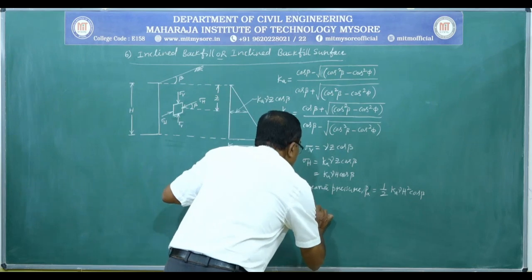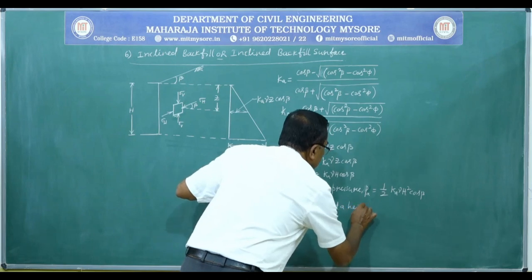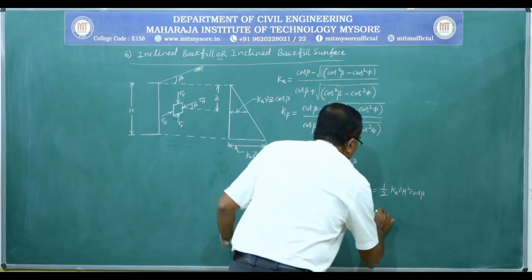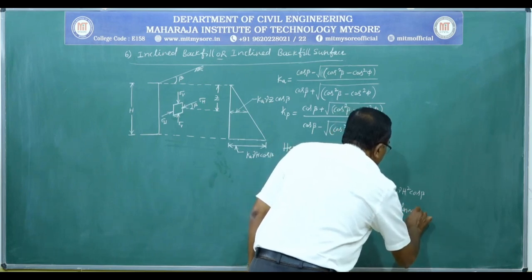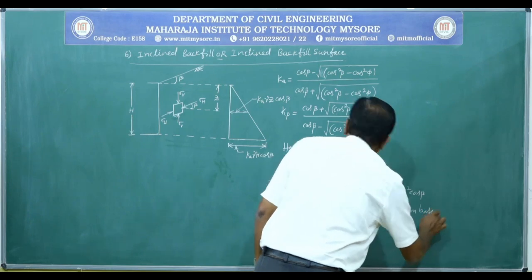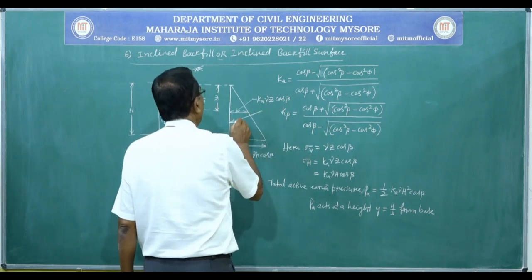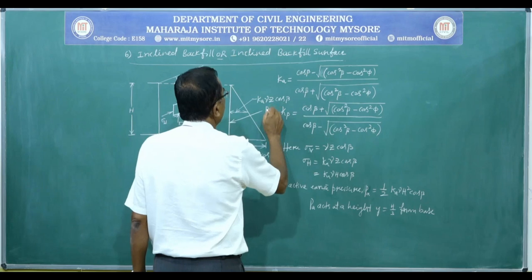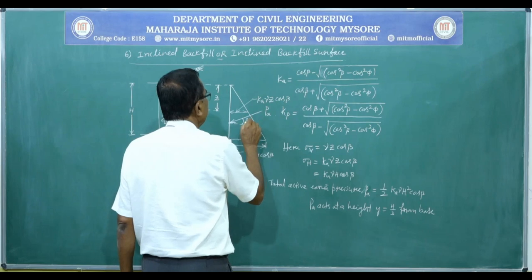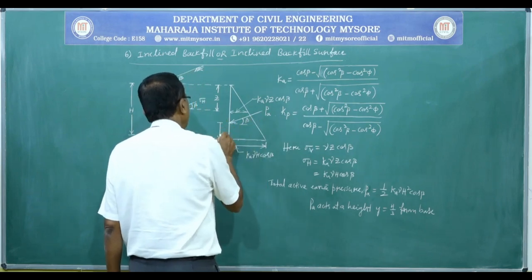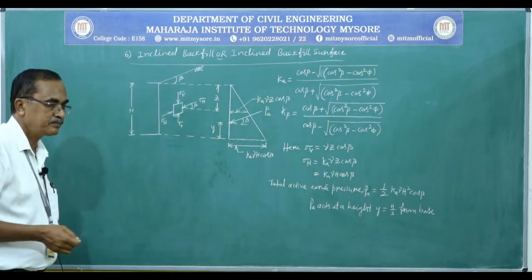Lastly, Pa acts at a height y equal to H by 3 from the base. Again, the total active earth pressure Pa also acts parallel to the surface of the backfill, making an angle, the surcharge angle beta, and acts at a height of H by 3 from the base.